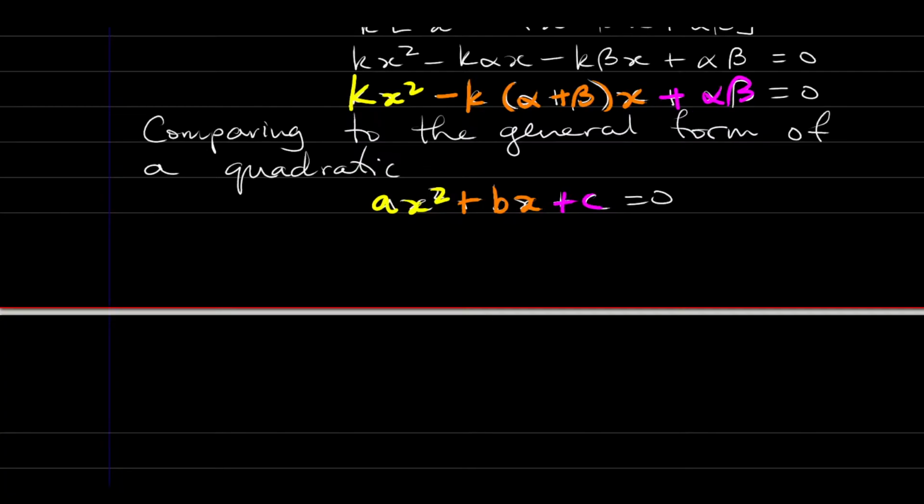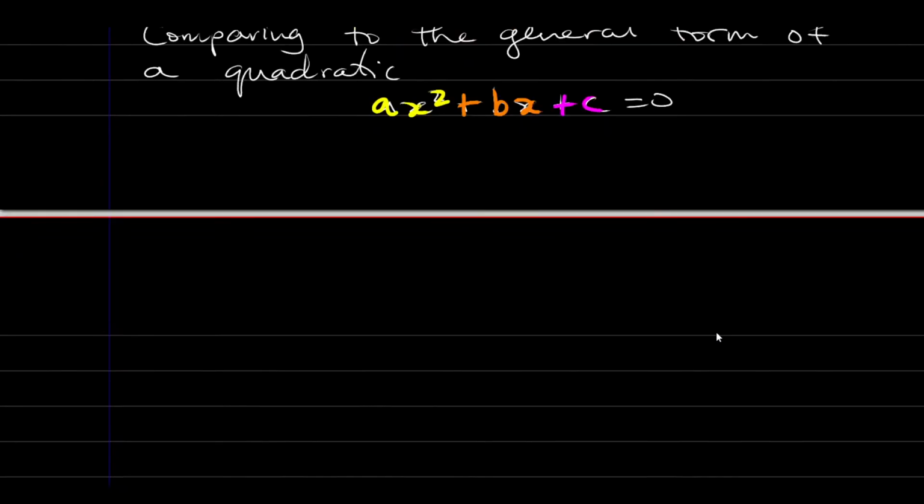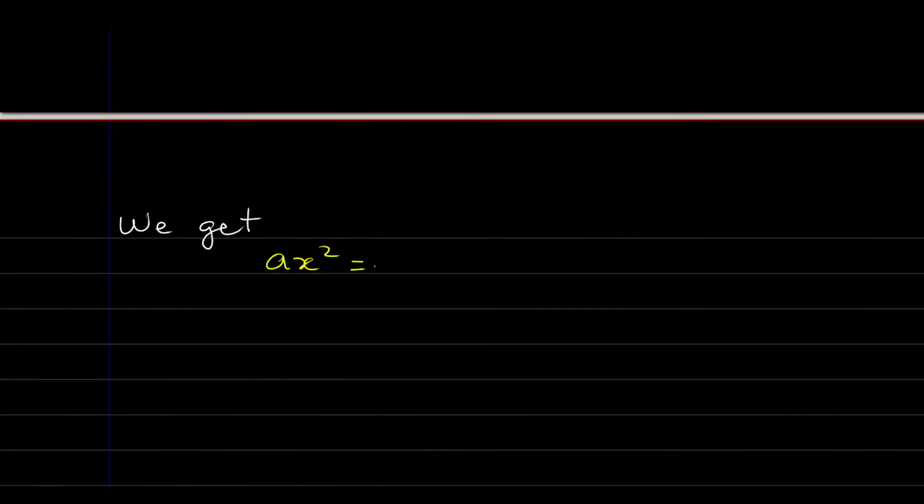All right, so let's do those in 3 different colors. I'm going to start off with the yellow one. We can get that ax squared is comparable to kx squared. Since that's the case, this will cancel with this and tell us that a is equal to k, or k is equal to a.